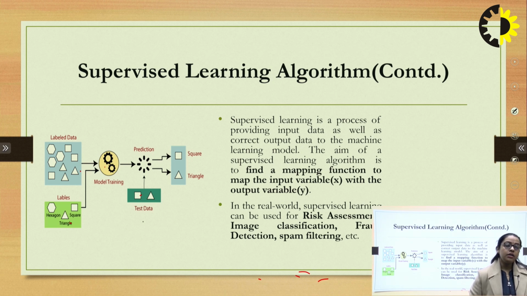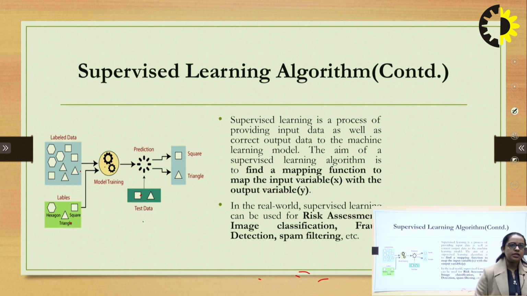Now, why and where do we use a supervised learning algorithm, in what types of situations and what type of problem resolution should we use it? As you can see, supervised learning algorithms already have labels. So we use them for problems like face recognition, pattern recognition, fingerprint analysis, spam filtering, risk assessment, image classification.